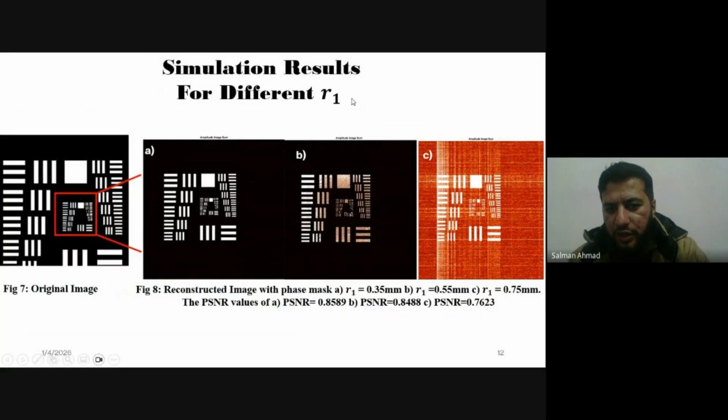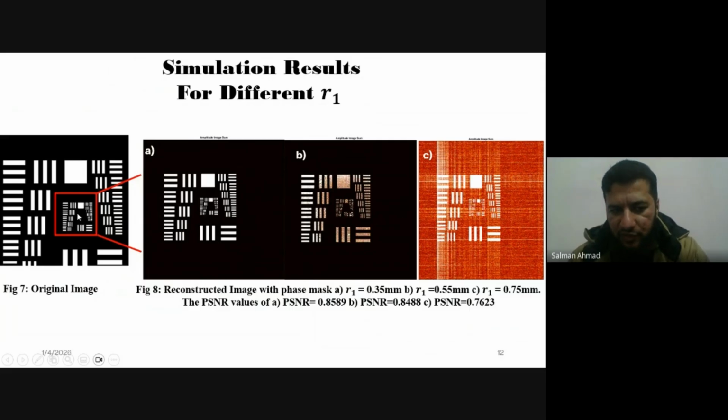So we use different innermost radii for different FZAs, and by changing R1, we can see different images with different resolution.